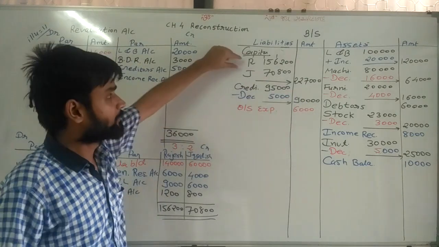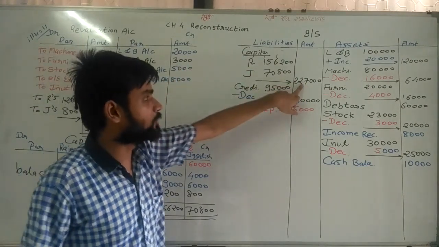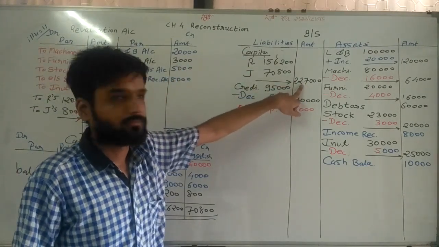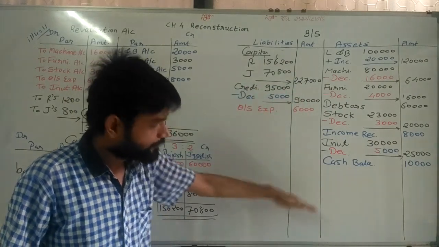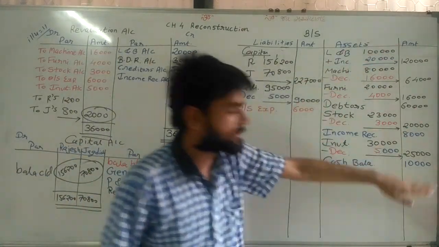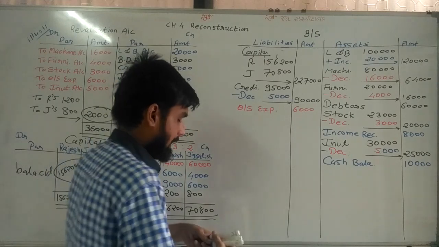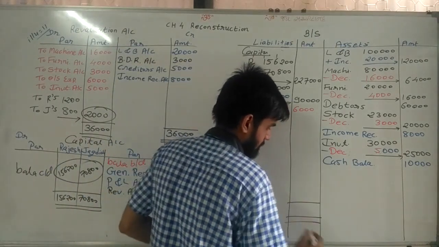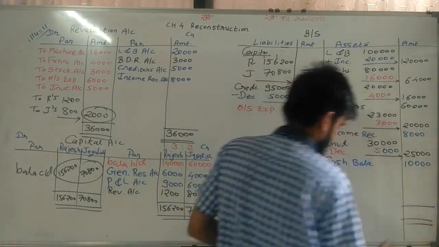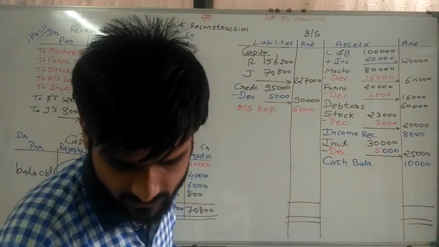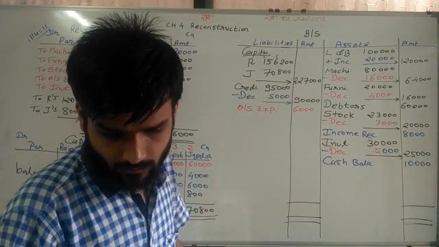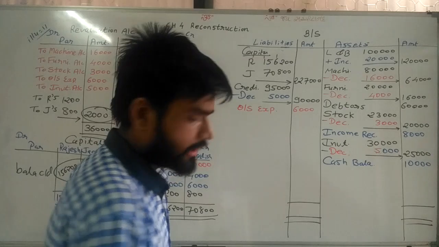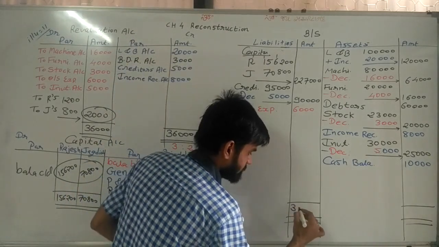So capital of R and J is 2,27,000. Now make total of the assets. You will get the answer, and that total is 3,23,000 rupees.